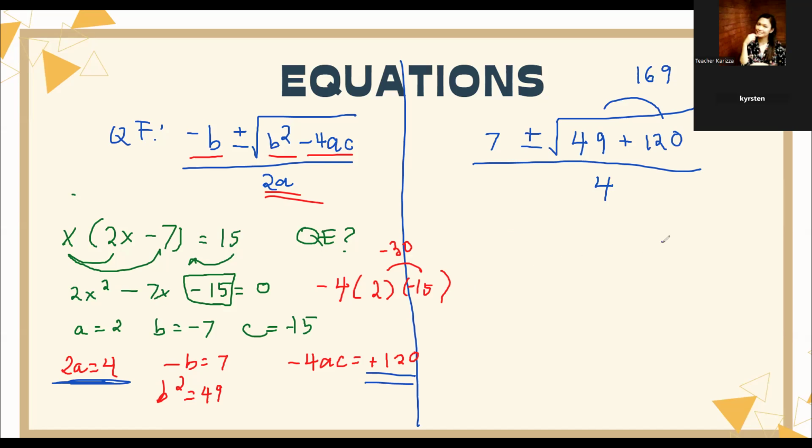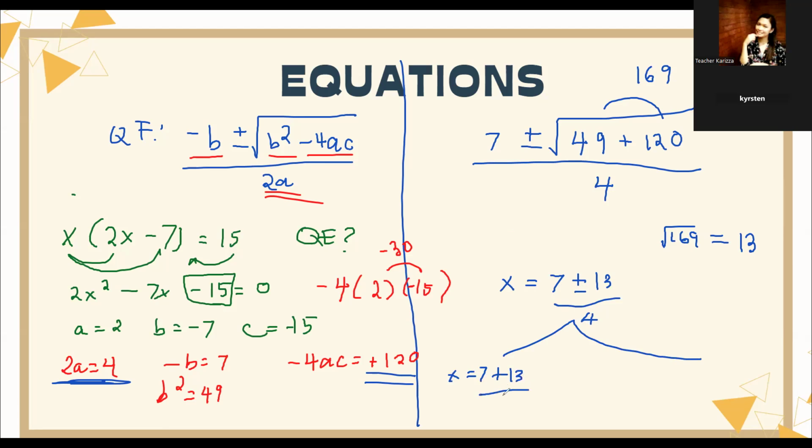And then the square root of 169 is 13. So we have x is equal to 7 plus minus 13 over 4. So let's split this into 2: x is equal to 7 plus 13 over 4, and x is equal to 7 minus 13 over 4. Rinig mo pa ba ako or malakas ko lang?